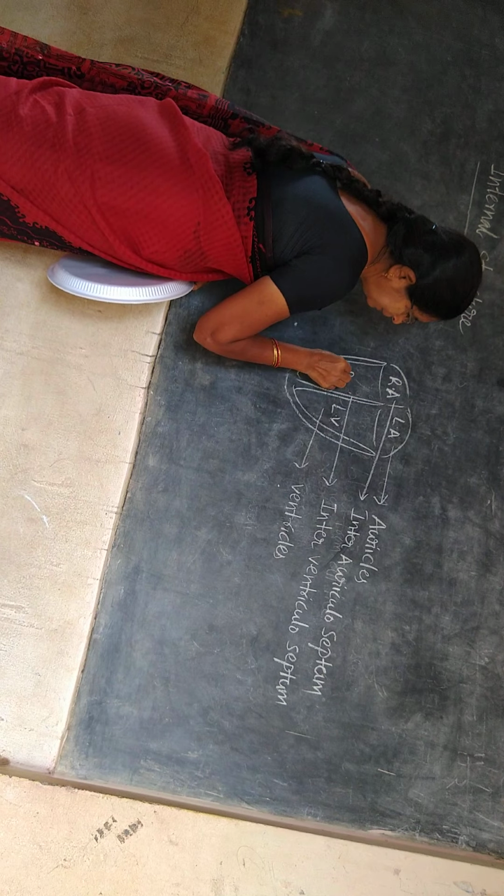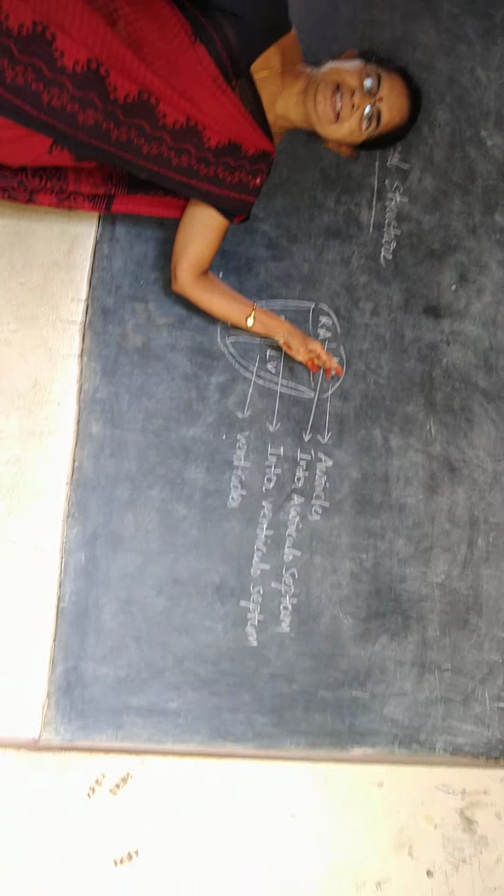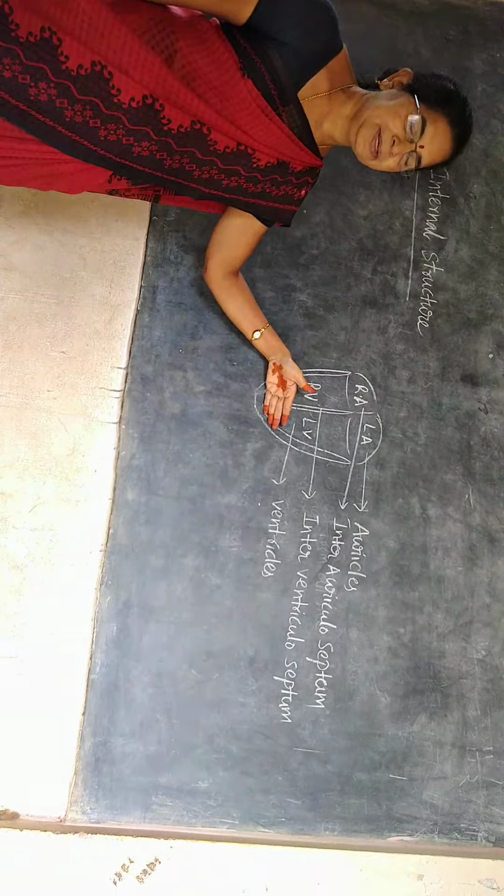So with the help of septums, our heart is divided into four chambers.